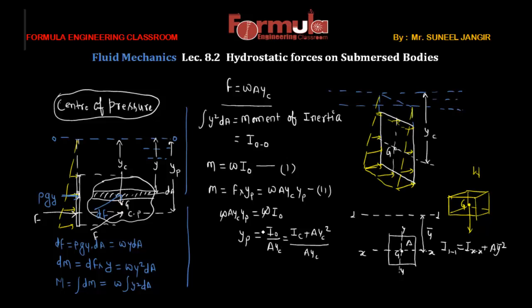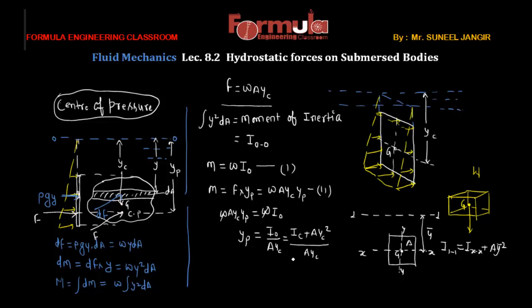You can notice here this I naught is the area moment of inertia of this plane surface about the axis OO, that will be equal to the moment of inertia of this plane surface about the self axis plus area multiplied by Y_C squared, that is the distance of the center of gravity of this plane surface from the free surface.